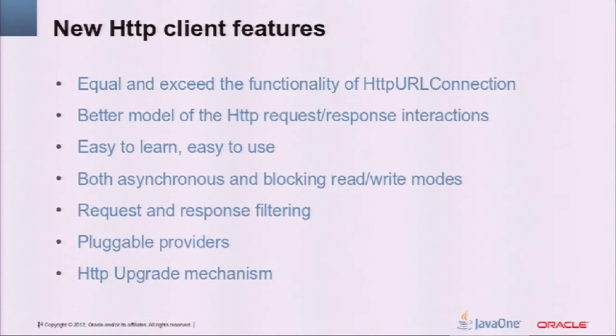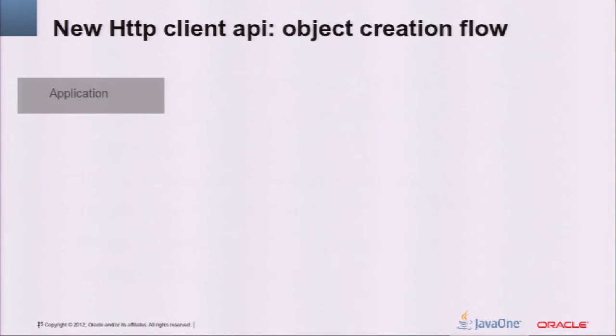We wanted to let other people plug their own implementations of this API underneath the API, perhaps suited to a particular environment, or perhaps optimized in some way, optimized for a specific architecture. And then there seems to be growing interest in the HTTP upgrade architecture for protocol switching initiated by an HTTP handshake, and WebSockets is a really good example of that. So we wanted to allow or have the API support that kind of mechanism.